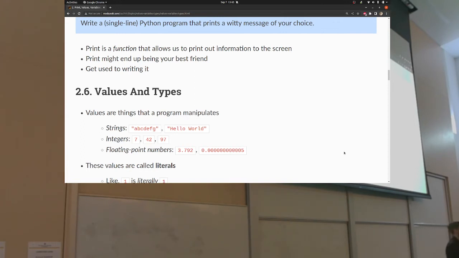So I need to find the letter A. Now I need to know the shape of the letter A. Then I need to know which pixels on the screen to turn on to show the letter A. Thank God I don't need to think about that, right? Because I get to work with Python. Whenever I want to print something out, I get to work at the level of abstraction of just print this out. I don't need to work any lower level than that. It's fantastic. So that's a nice level of abstraction there. It could be worse. Thank God it's not.